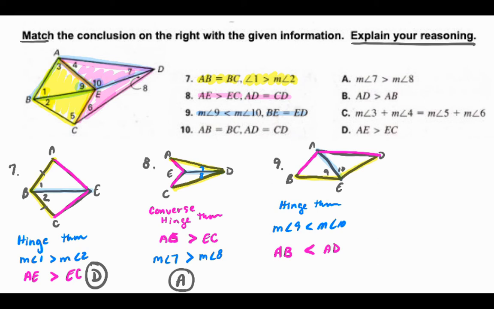So when you see the answer choice actually says that AD is greater than AB, these two are equivalent statements because the inequality is pointing to the same thing and open to the same thing in both of them. So this is actually answer choice B.